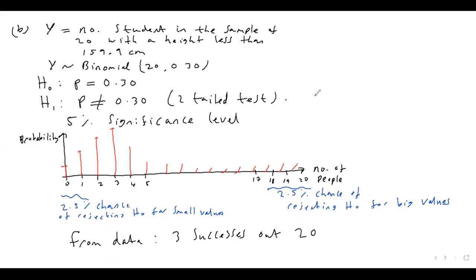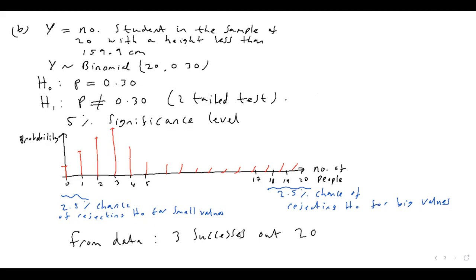So we're going to assume our H0, that there is a 30% chance of success. We collected the data and found from our experiment that 3 people had a height less than 159.9 centimeters. We want to work out how likely that is. If our probability of success really is 30%, how likely is it that we get 3 successes out of 20?